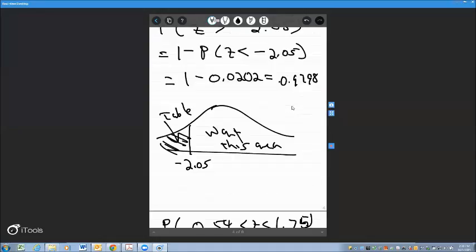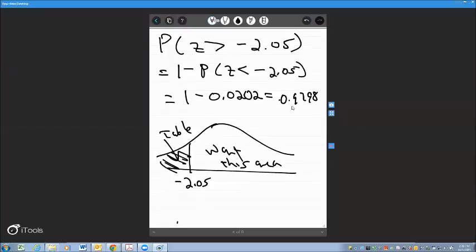One thing to note here: the probability of being bigger than a is 1 minus the probability of being less than a.